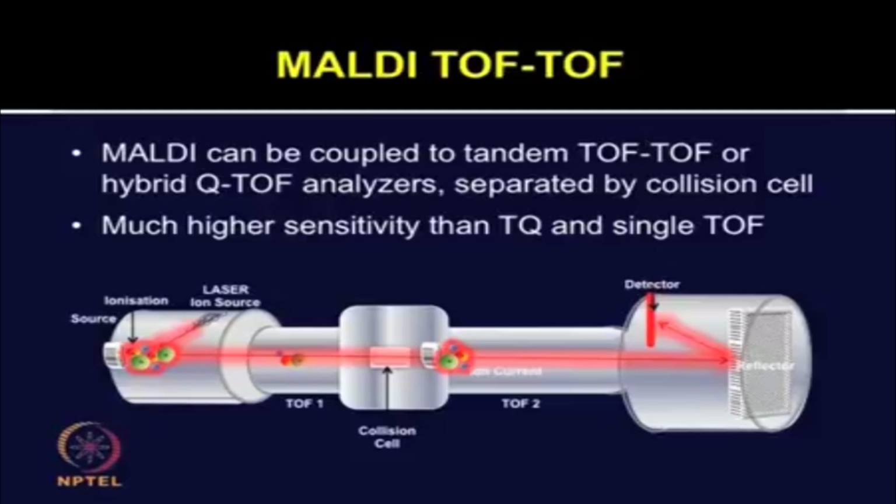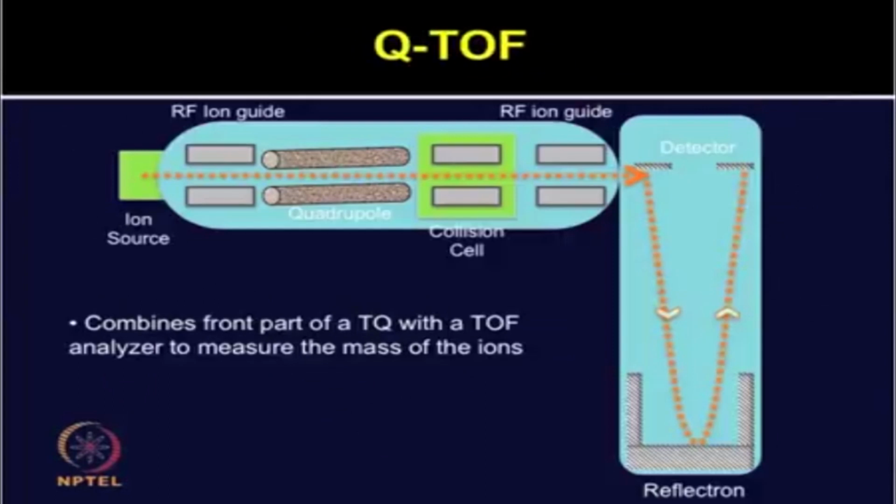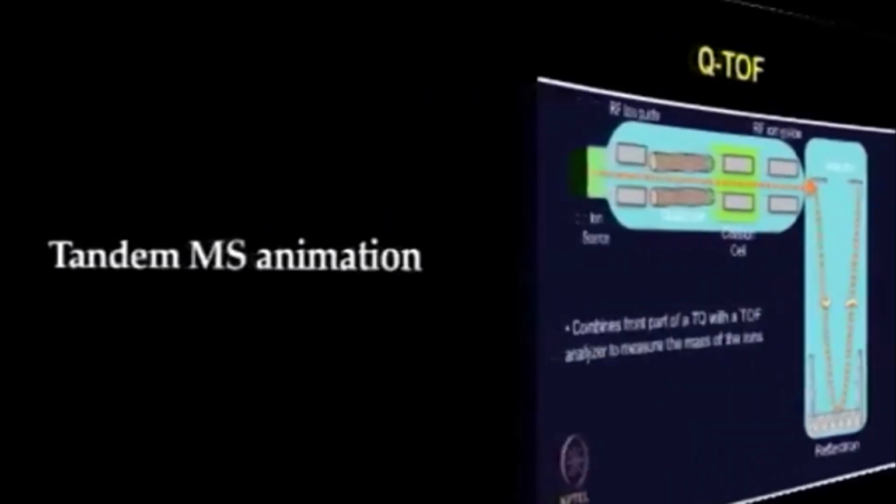We have discussed the multi-TOF system in some more detail in the previous lecture, so I will move on to some other configurations, which is QTOF. The QTOF combines a front part with a quadrupole, or it can be a triple quad, TQ, along with the TOF analyzer to measure the mass of the ion.